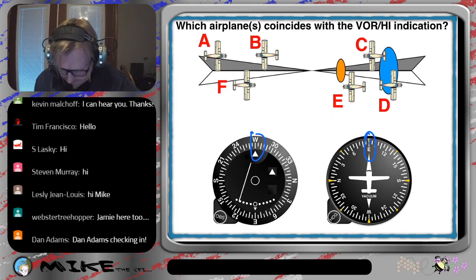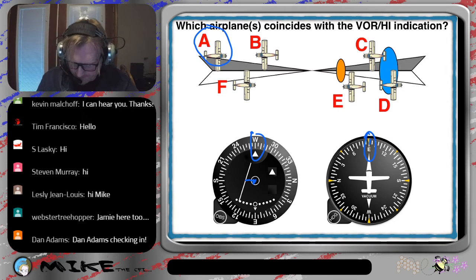So we are going to be the needle. So if we are the needle, that means that we have to go that way to get onto our course line if we're heading eastbound. And so that means that we must be up in position A because we're heading eastbound and we are the needle.